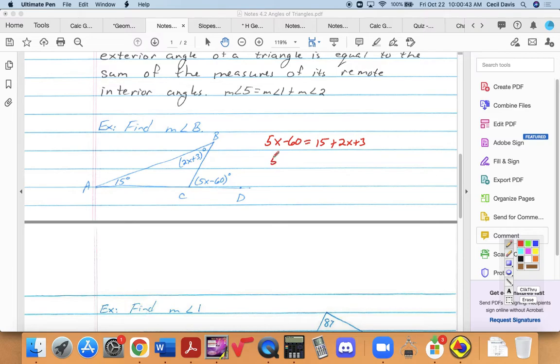Now it's just a matter of solving the algebra and then substituting back in. So you get 5x minus 60 is 2x plus 18. All right. So I'll go ahead and do both steps at once. Go ahead and subtract the 2x from both sides and add the 60 to both sides, and you get 3x is 78.